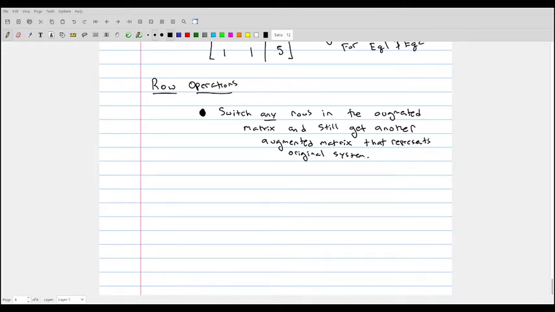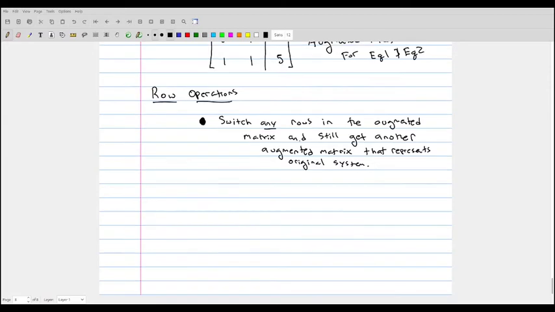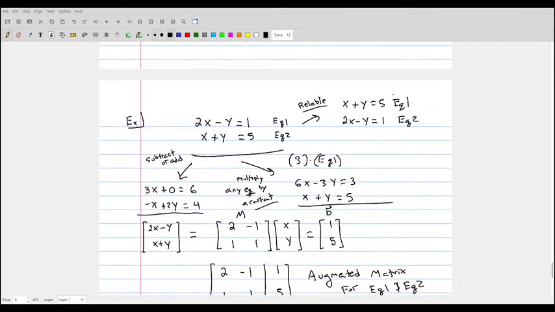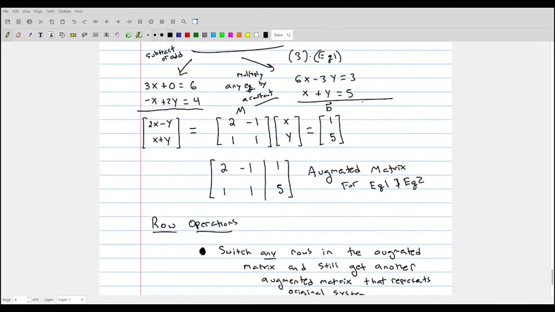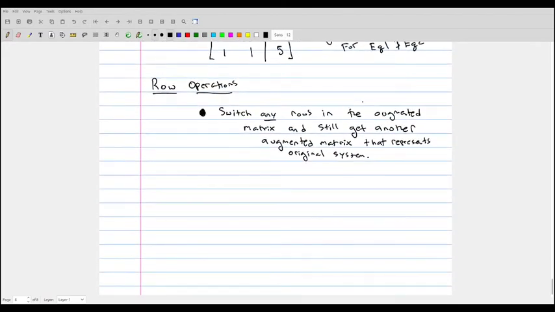The first row operation comes from the relabeling property, which is that it doesn't matter what order you consider the system of equations in when you're trying to solve it. Property 2 is called row addition or subtraction.